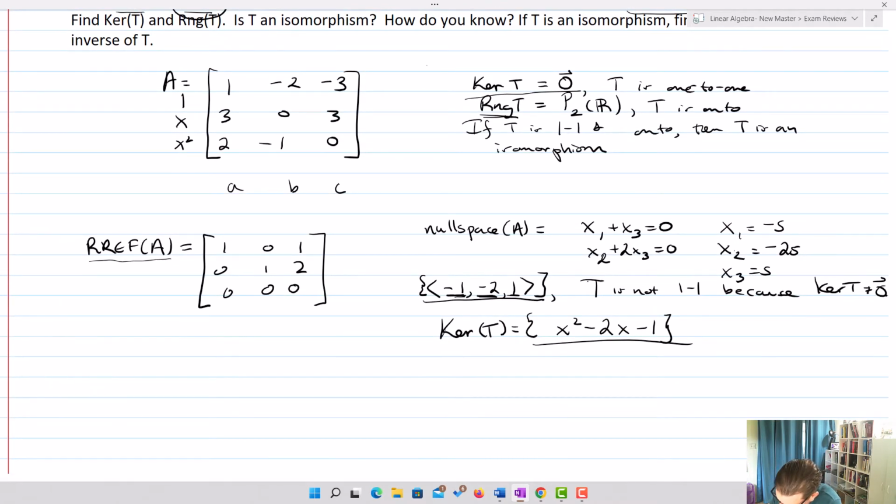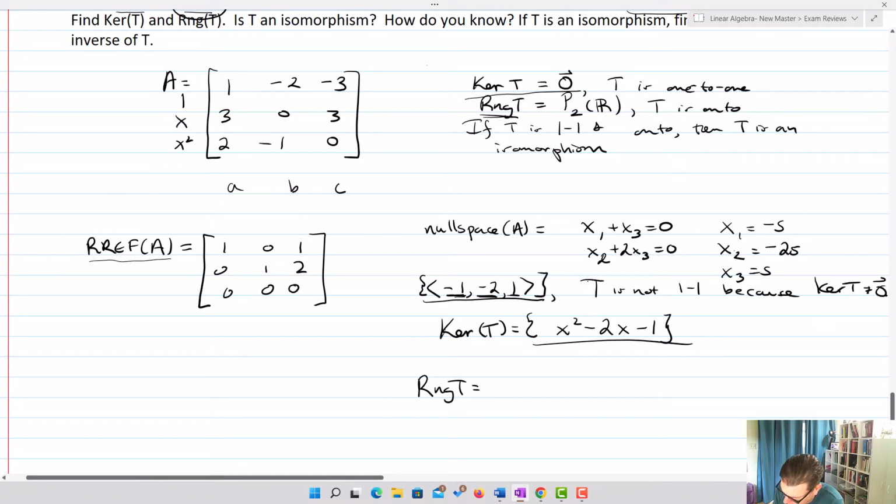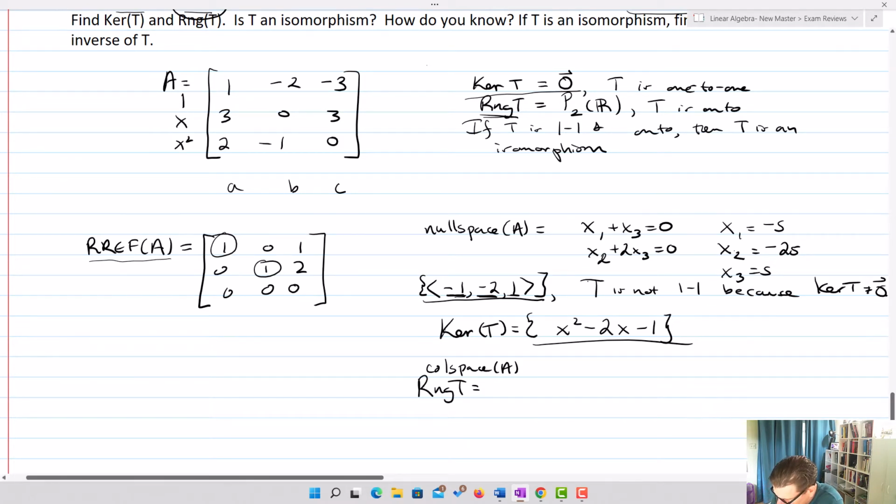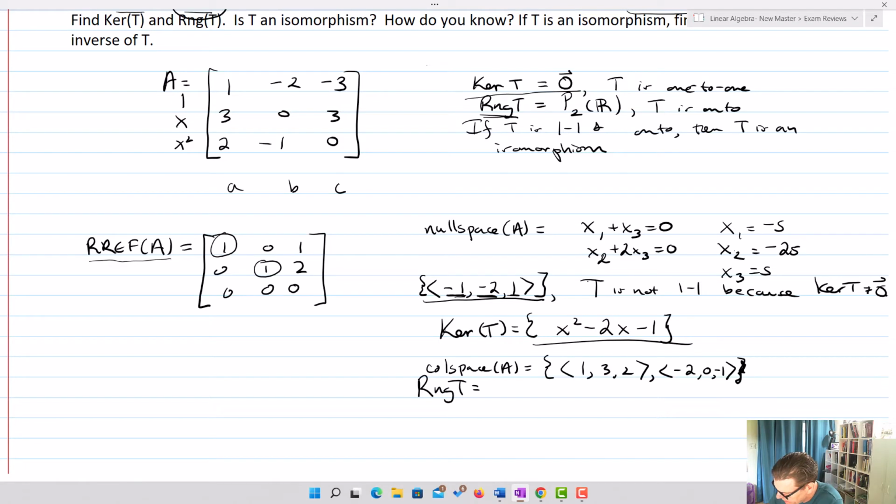Now the range of T is going to be the column space of A. And so we look at the column space of A. I've got a pivot here in the first column. I've got a pivot in the second column. So the range of T, the column space of A, is going to equal, as a basis, 1, 3, 2, and negative 2, 0, negative 1.